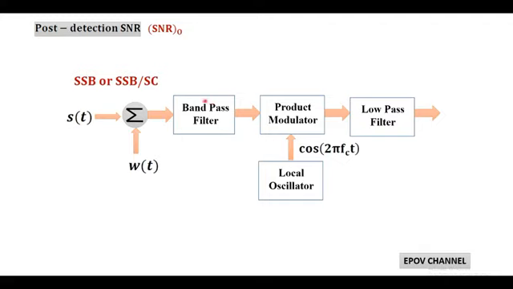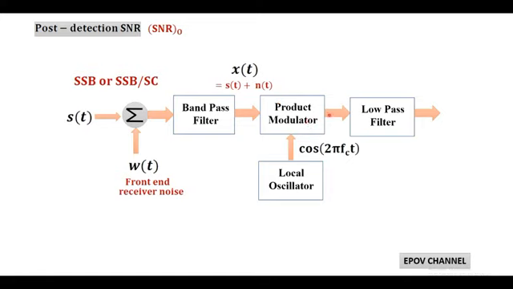After passing through the bandpass filter, we get the filtered signal denoted by x(t), and it is equal to s(t) plus n(t). Here n(t) is called narrowband noise, also called filtered noise. The purpose of the bandpass filter is to convert front end receiver noise w(t) into narrowband noise n(t) and become compatible with the received SSB signal having the same bandwidth of W. After this, product modulator and low pass filter are used for detection purpose.